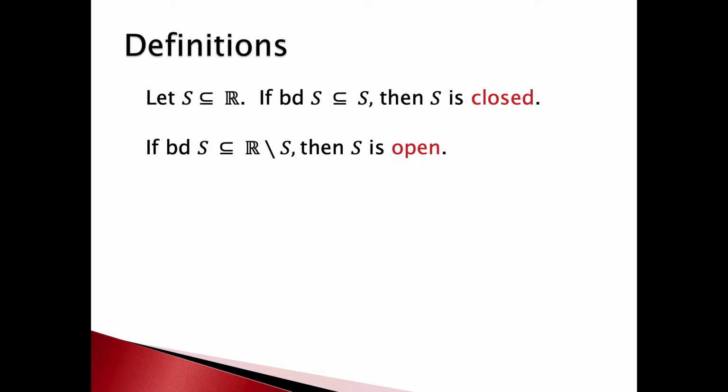So you may notice if you Google around on the web or look in other places that there'll be definitions of open and closed sets that don't look like ours. I like this definition because it's pretty easy to understand, and we only need to know what boundary points are. But there are lots and lots of other definitions for open and closed.